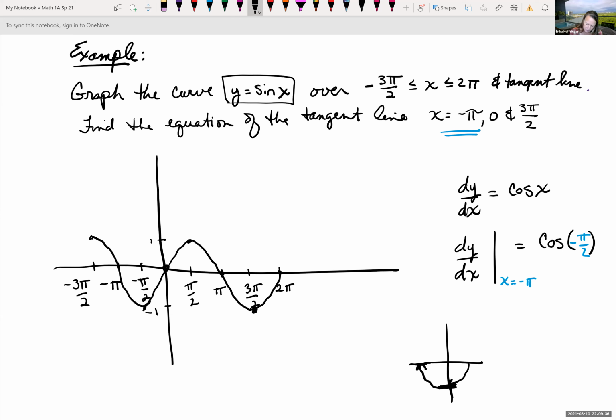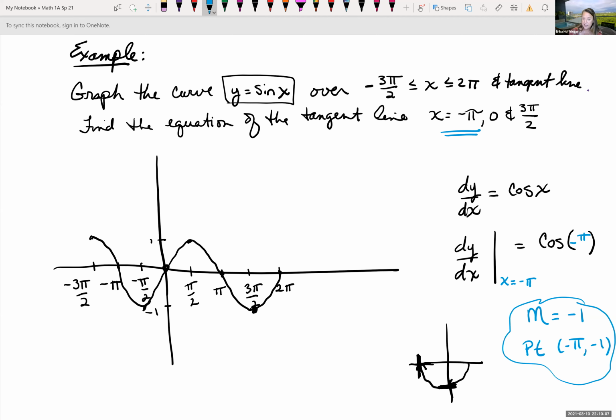So negative pi would get me here. Again, cosine is your x value, so your x value at negative pi is -1. So my slope when x is negative pi is -1. Our point is negative pi, -1.